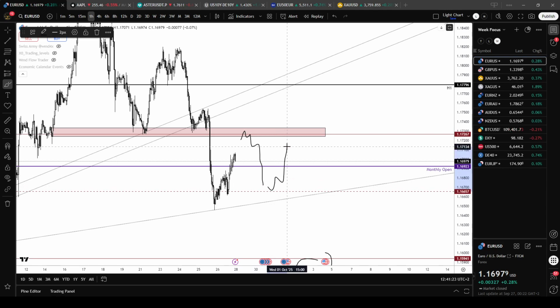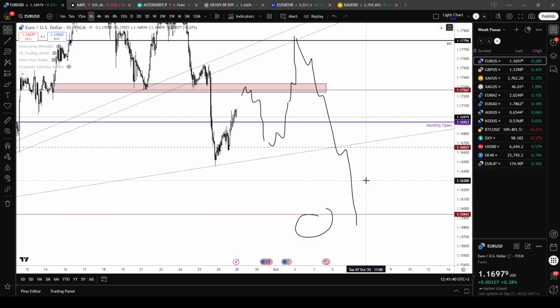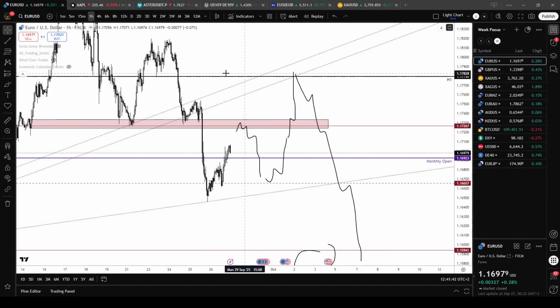Try to find a bottom around this area, break this, and give me another attempt at this trend line channel and this SR level, H1 level, and then we drop massively. This would be my preferred scenario, but I don't know if we are going to get it. These are the two places to short the market from, in my opinion.